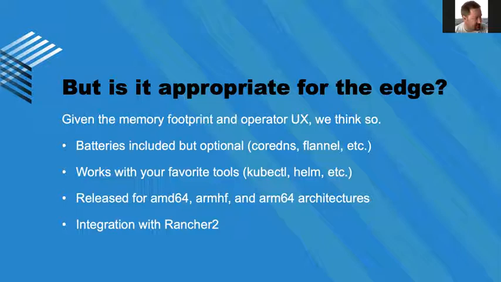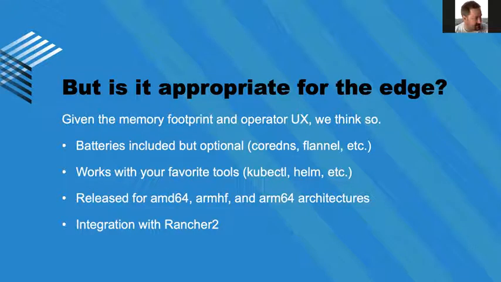Some of the ways that we achieve extra magic is we adopt something similar to the Docker strategy of batteries included but optional. So when you boot K3s up, single node or multi-node, when you've got a cluster up and running, you've got a functional system by default. It may have made some choices for you that you don't agree with.